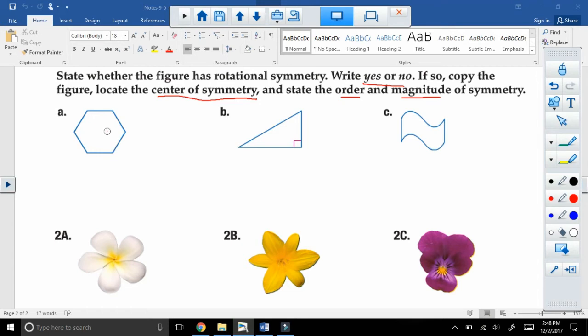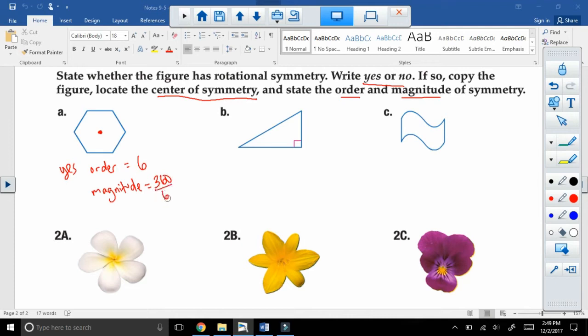So for this one here, this would have rotational symmetry. The center would be right there in the middle. And then the order, usually the easiest way to find the order, at least if it is a regular shape, is just however many sides or angles that regular shape has. So the order for this one would be 6. And then the magnitude, remember, will always be 360 divided by the order.